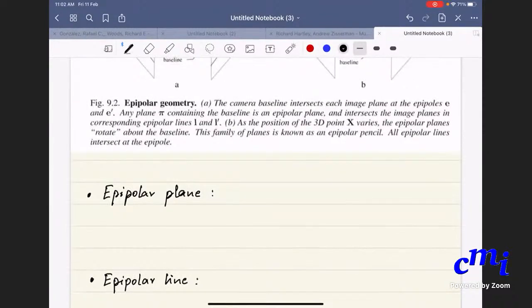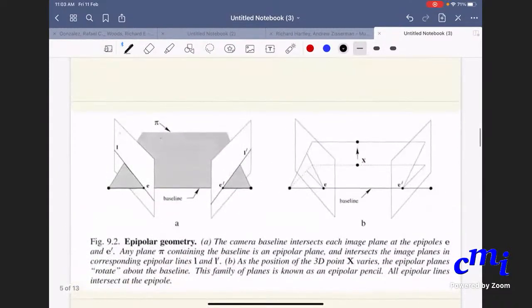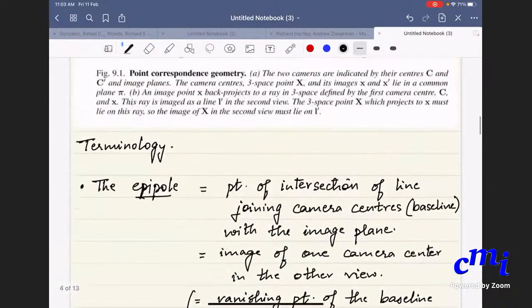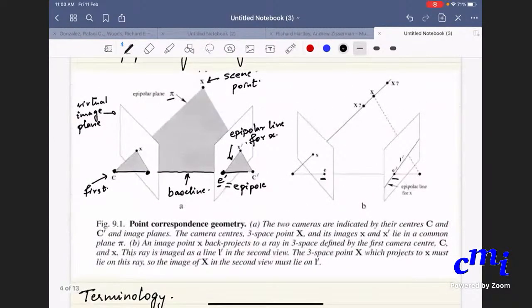So the epipolar plane is a plane containing the baseline. Now if I make this definition, then I'm not restricted by the point X. If you fix this point X, then the epipolar plane is fixed. What if you vary this point?